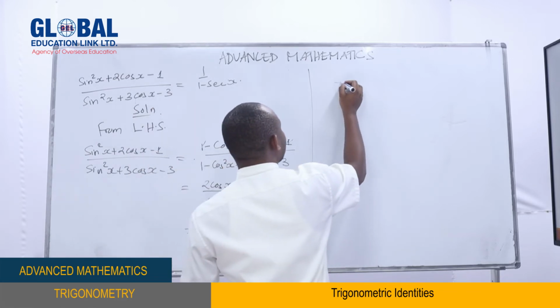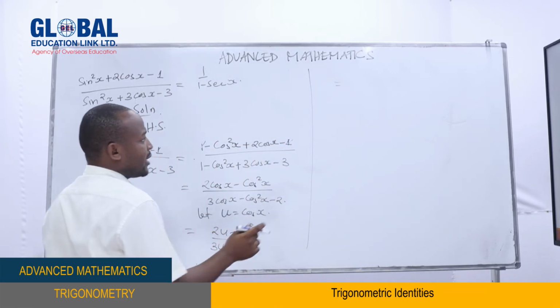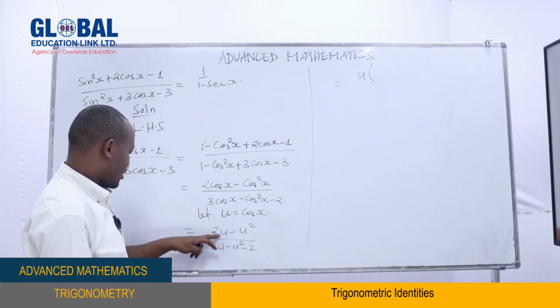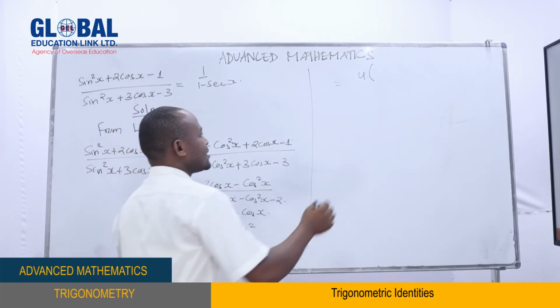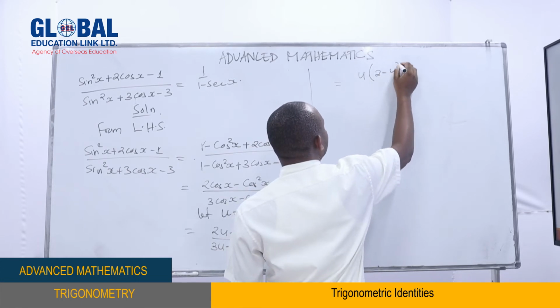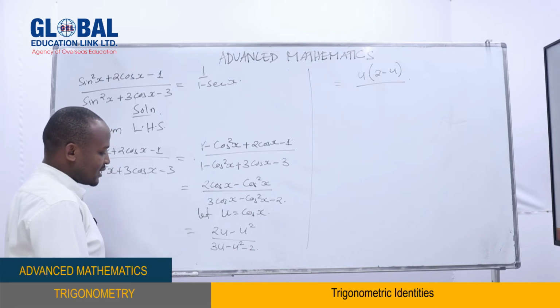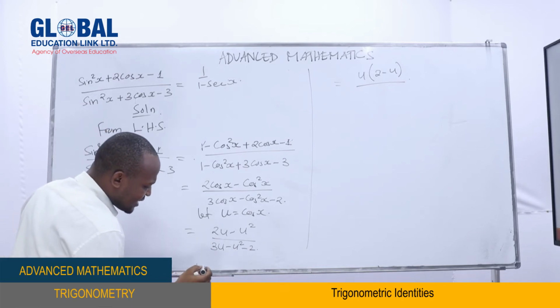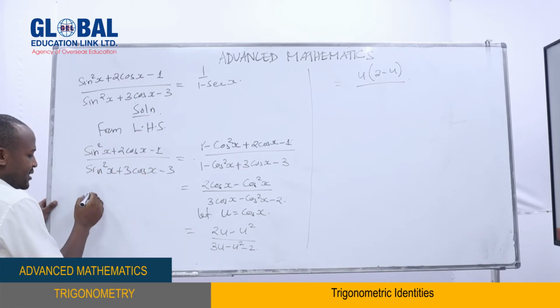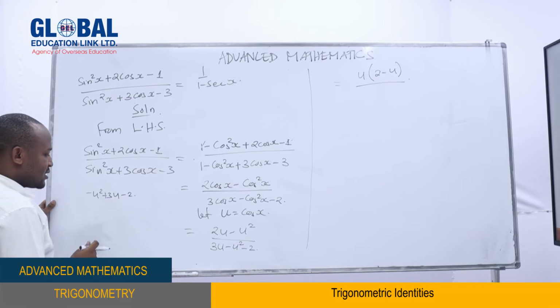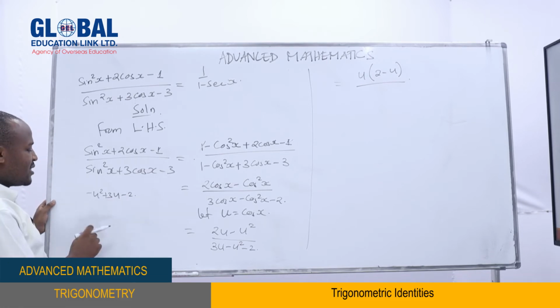So let's see. Can we factor out u there? So we can have u, then 2 minus u over, but down there we have a quadratic expression, and writing that much correctly, that is u square plus 3u minus 2. What can be the factors there?